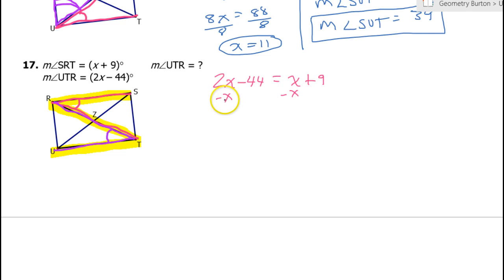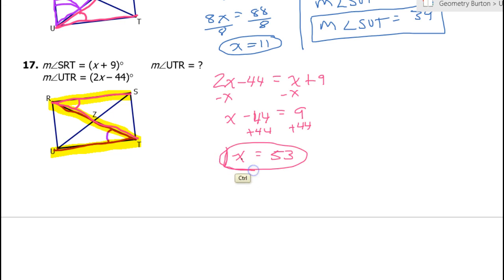So I could subtract x from both sides. That will give me x minus 44 is equal to 9. And then I would add 44 to both sides. So that'd be 44, 54, 53. Well, I shouldn't put a box around this, so this is not the final answer. x is 53, but now I need to find angle UTR.